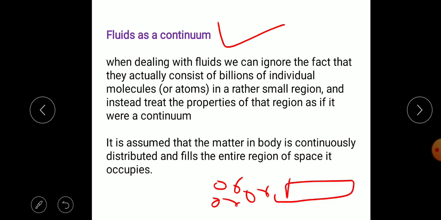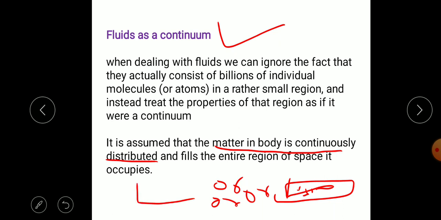It is made up of a large number of molecules, so there may be small cavities or cracks at the micro level. But in case of fluids, we are assuming that the matter in a body is continuously distributed and fills the entire region or space it occupies.